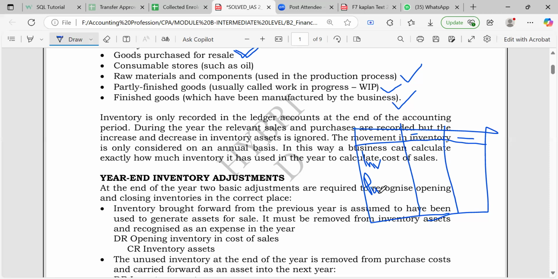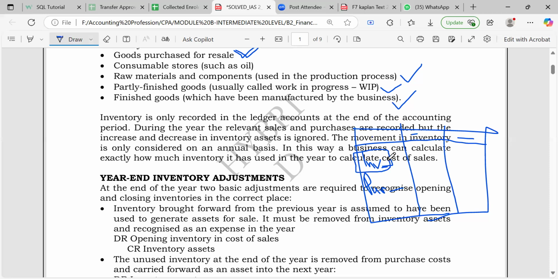I'm presuming we're not speaking of a manufacturing company, but of a merchandising company which buys goods and sells them outright without modifying them. So in case you find the word purchases and the inventory, this inventory should be the opening inventory.